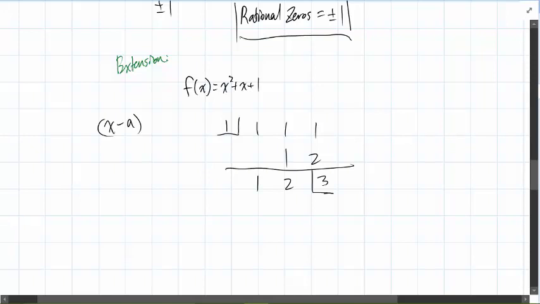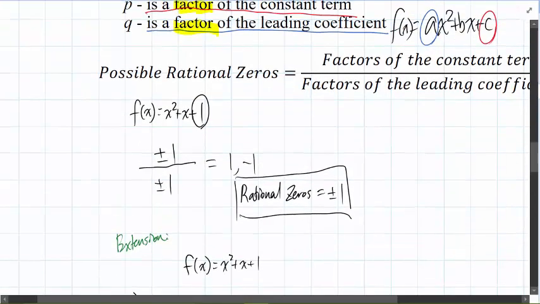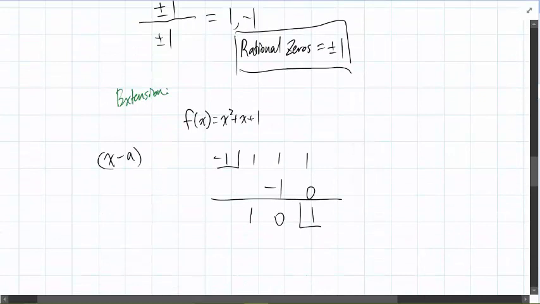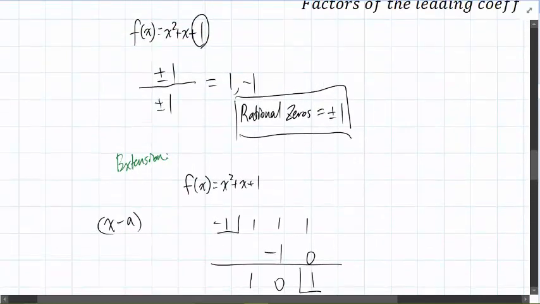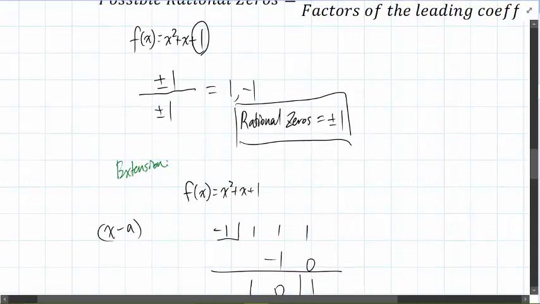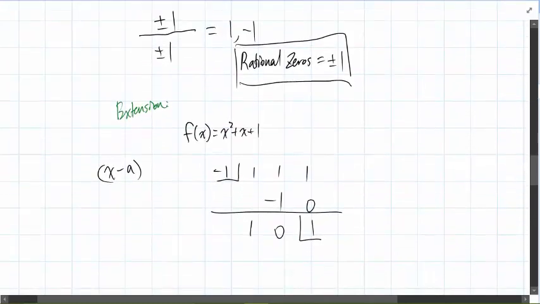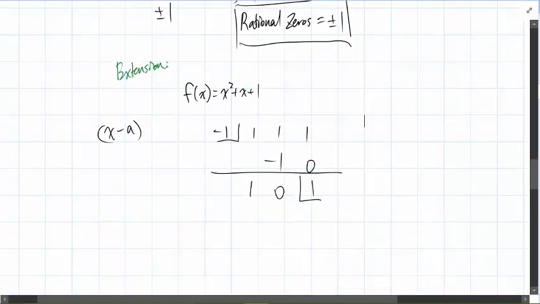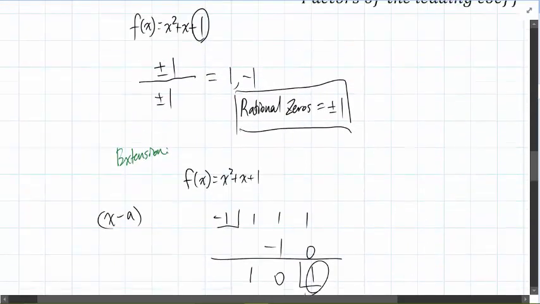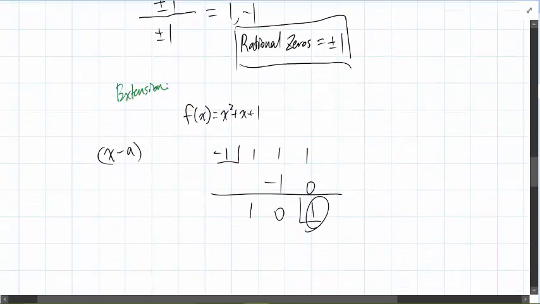So there's a remainder, which means 1 is not a zero. Now we change to negative 1. 1, 1, 0, 0, and the remainder is still 1. So what does that mean? That means there are no rational zeros for this function, for this polynomial, because the remainder is not zero.